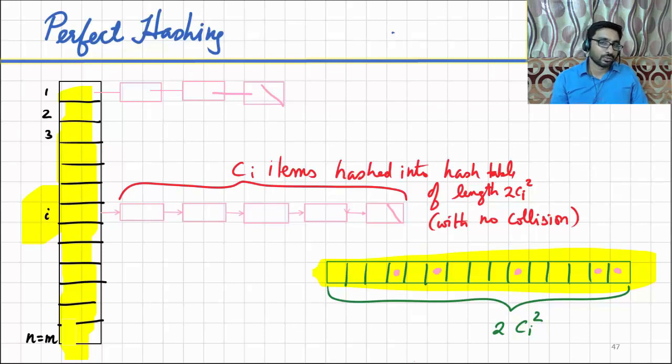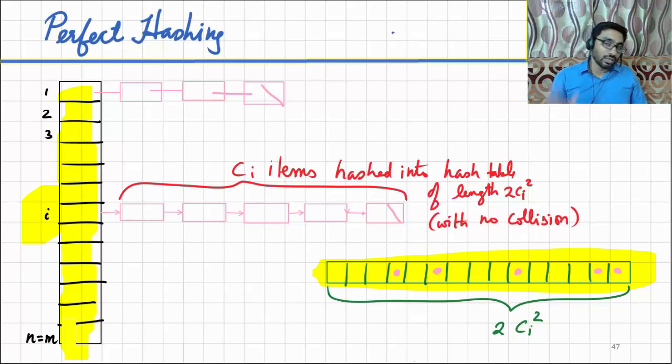But if we hash into a location that has collisions, so there's a chain at that location, then instead of going down the chain, we simply use, in fact, we don't even need to store the chain. We only need to store the hash function that we use to hash the items in the chain into another table.